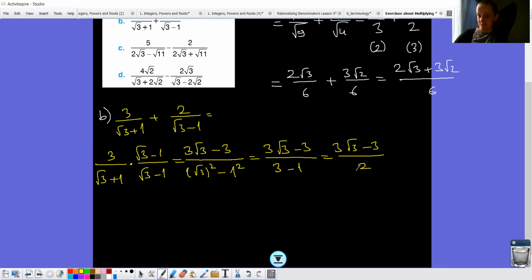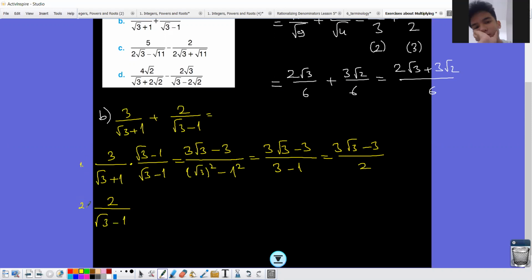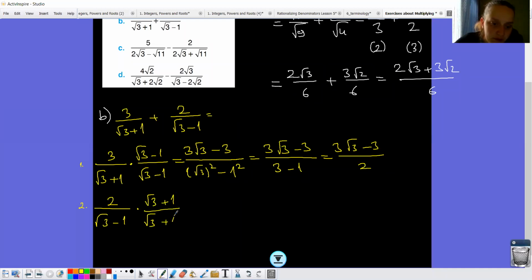For the second one, we have 2 over root 3 minus 1, and we will multiply this one by root of 3 plus 1 over root of 3 plus 1.